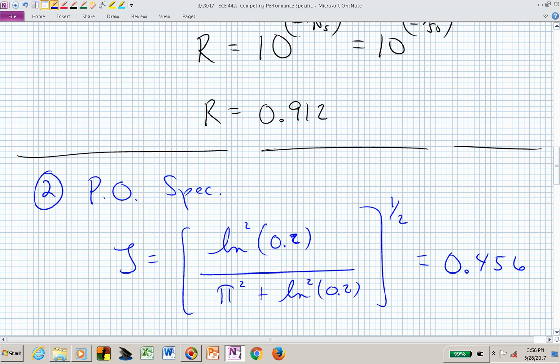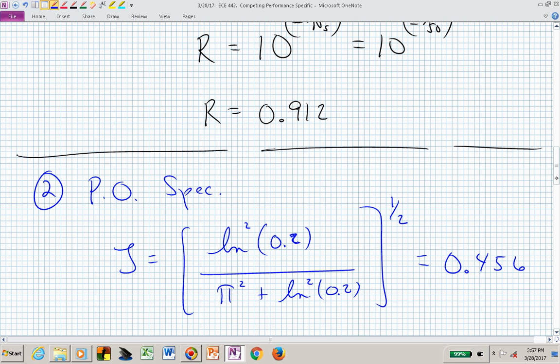But we would have to interpolate between a zeta value of 0.4 and a zeta value of 0.5, and that might get a little funny. You could have MATLAB generate such a logarithmic spiral and find where it intersects with a radius of 0.912, and you would be done.